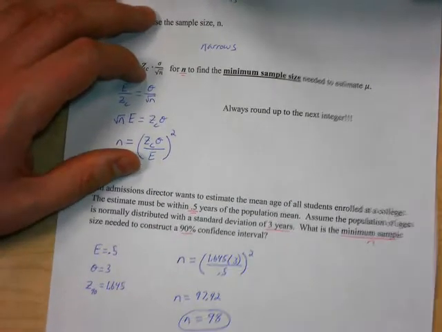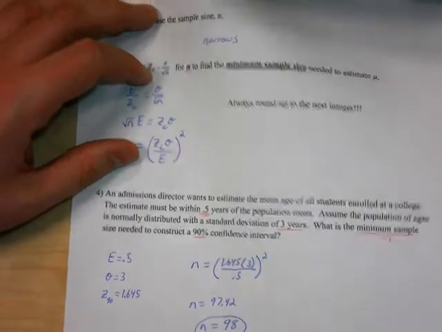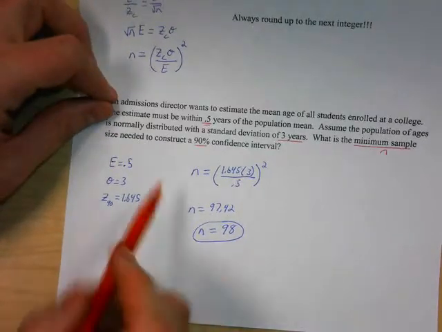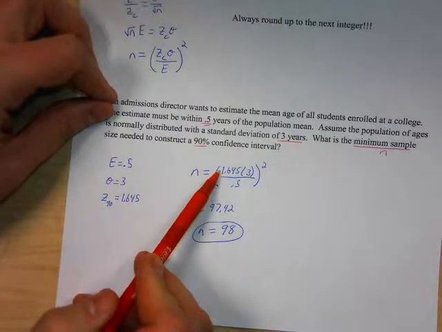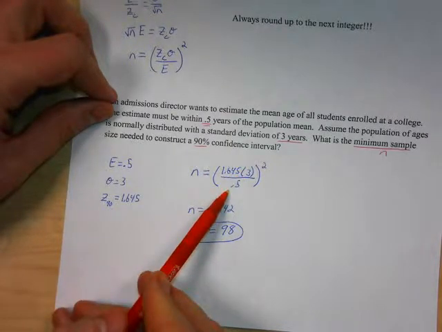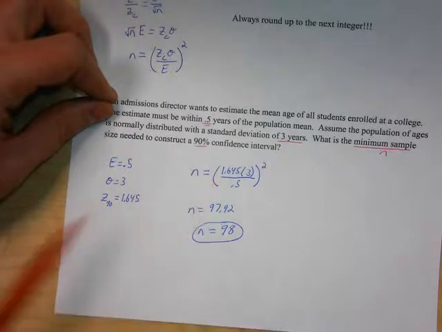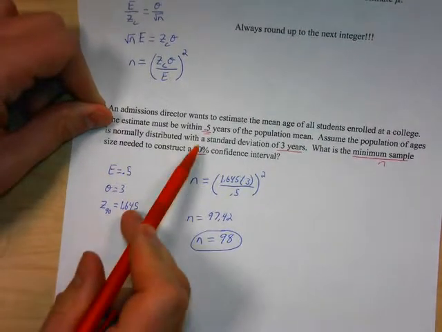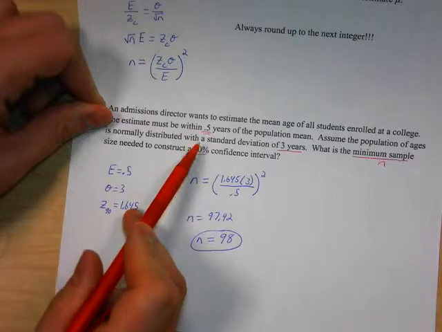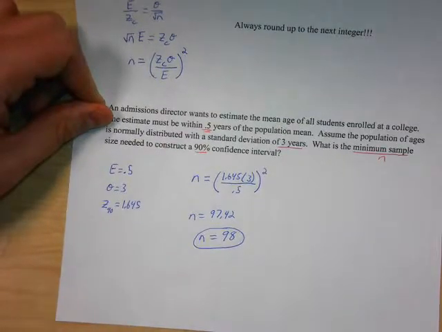So again, it's just plug and chug into the variables in the formula. A 90% confidence level has a z of c value of 1.645. Standard deviation was 3. Margin of error 0.5. Okay, so you would need to survey 98 people to be 90% confident that your estimate is within 0.5 years of the population mean.